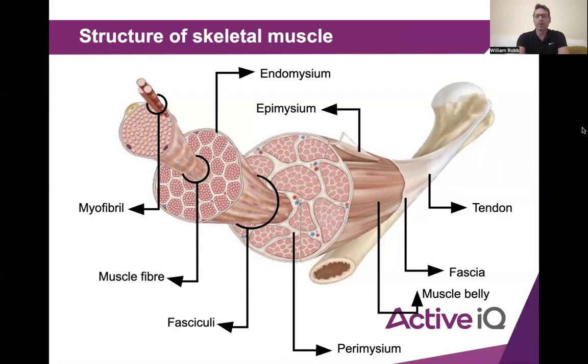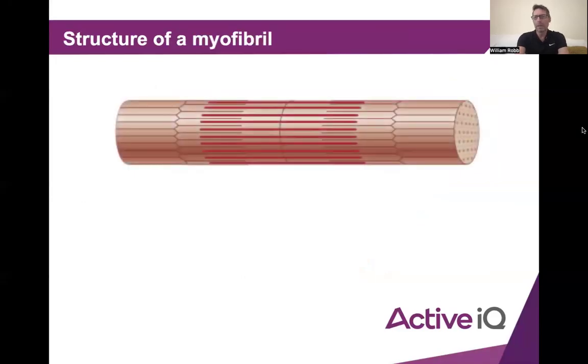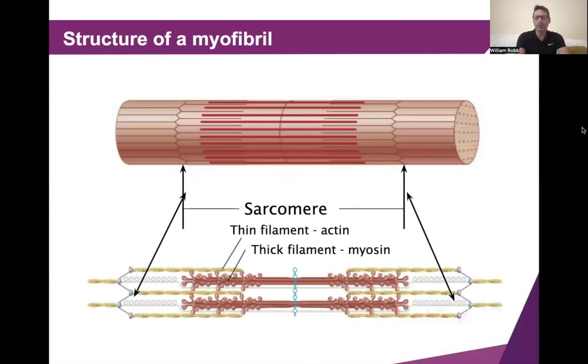So let's have a little look further in depth at the myofibril. Here in the myofibril, we've got the sarcomere. Inside the sarcomere, we have a thin filament called actin and a thick filament called myosin.